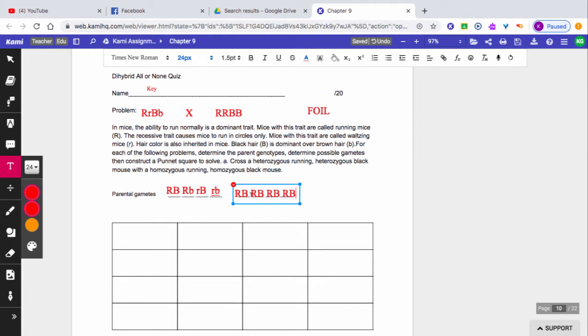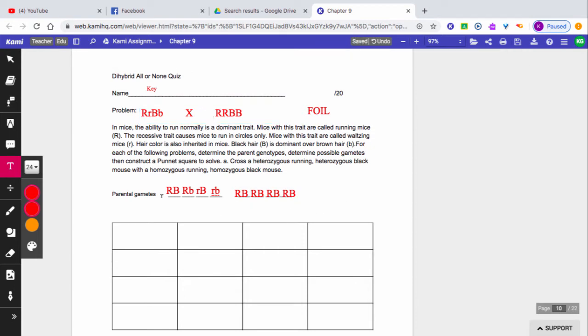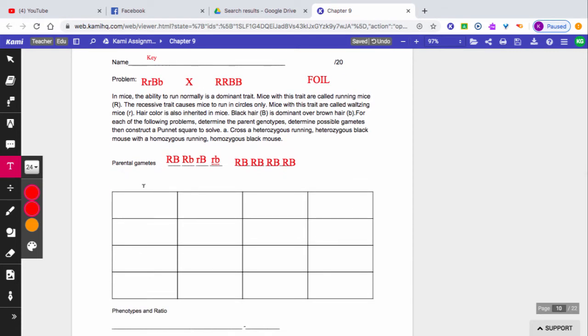All right, so there's only one possible gamete when you're homozygous at both traits. If you're heterozygous at both traits, there's 4 possible unique gametes. If you're heterozygous just at one, there's going to be 2 unique gametes. And if you're homozygous at both, then there's only one type of unique gamete.